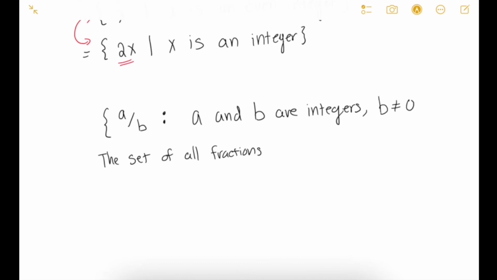Add in b not equal to 0 because you can't ever have a denominator of 0. This is actually the correct way to express this. I want to emphasize that you really, really want to have precision when describing your sets, even if it means putting in detail that you think is already pretty obvious, that the bottom of a fraction is never going to be 0. It's still a good idea to add that in as well.